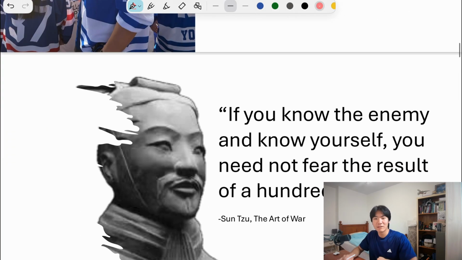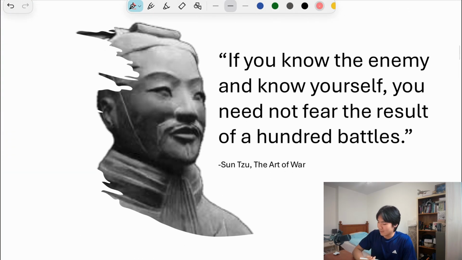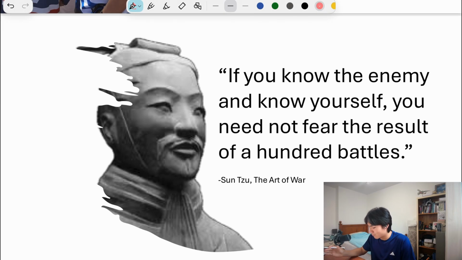I know this is a kind of corny line to say, but I think this is really useful when it comes to exam strategy, the way you should think about exams. Maybe you've heard of this Chinese war strategist, and his quote is that if you know the enemy and know yourself, you need not fear the result of 100 battles.